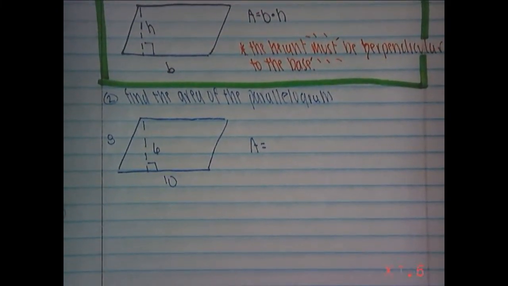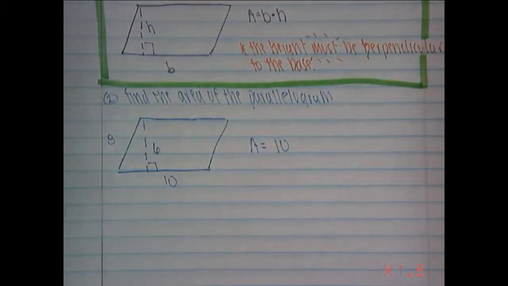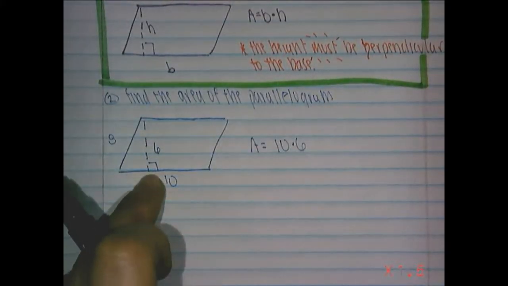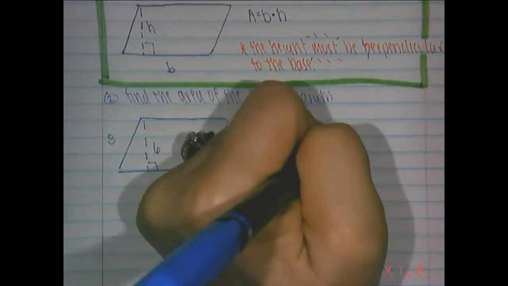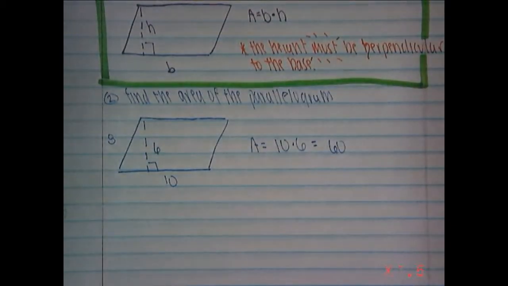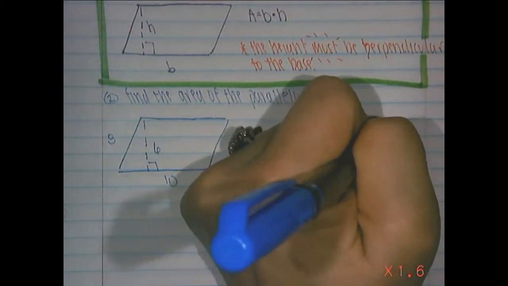Alright, so there's my parallelogram. What's my base? 10. My base is going to be 10. And which of these numbers is my height? 6. It has to be 6 because it has to be perpendicular with your base. So your area for this parallelogram would be 60 units squared.